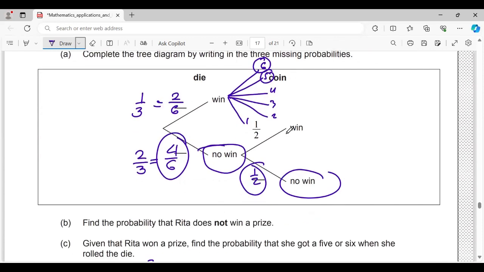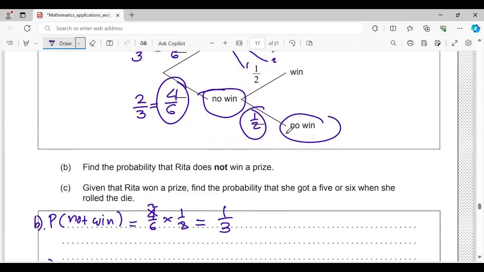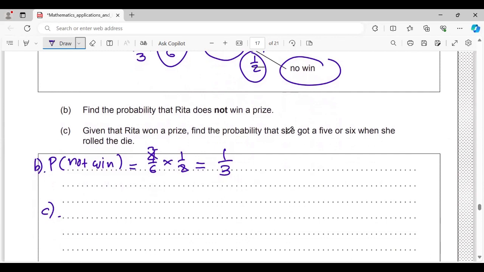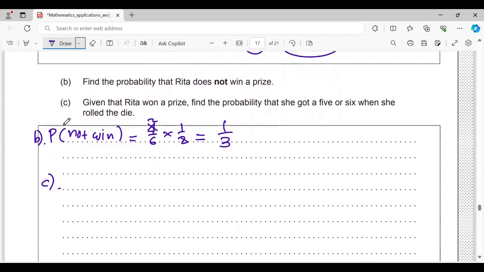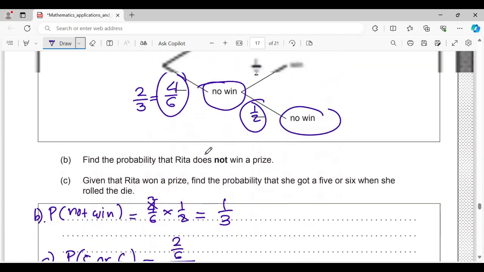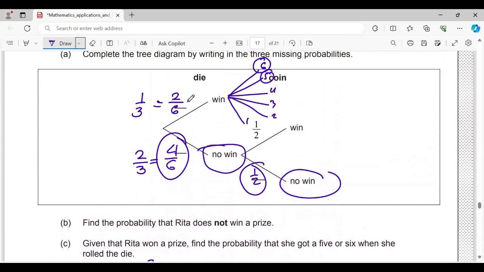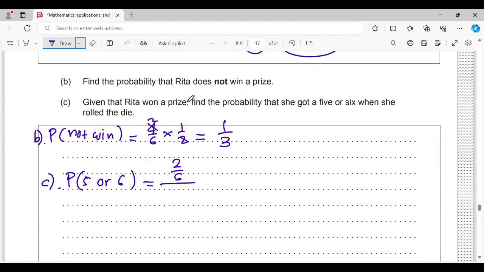So the probability of 5 or 6 is 2/6, or you can use 1/3.